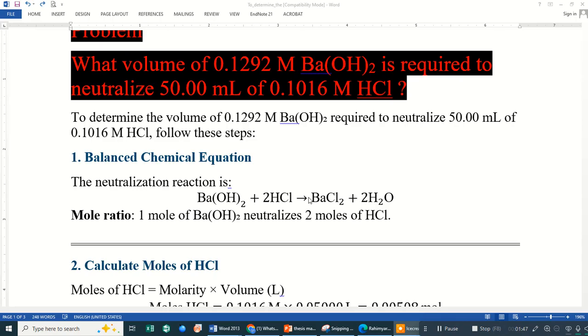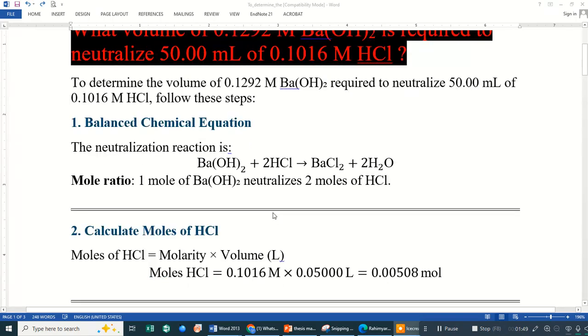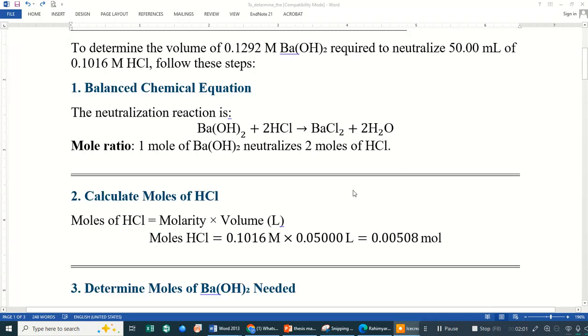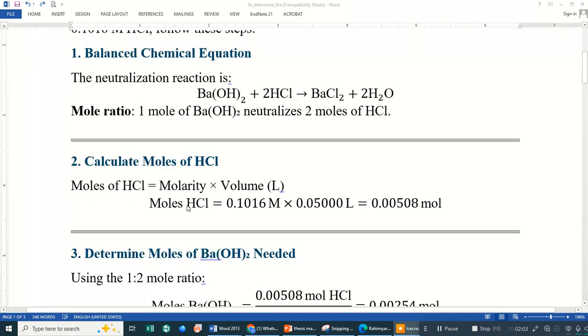Okay, we solve it step by step. First of all, calculate the number of moles of HCl. We know that the volume and molarity of HCl are given. How can we calculate the moles of HCl from the molarity and volume?